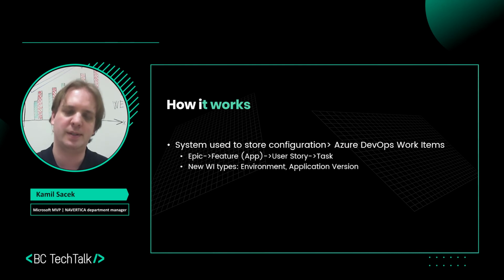Or it could be a set of our products which are placed on AppSource, and we are developing them for AppSource. Feature we are using for describing these apps. It means one feature means one app which we are developing, if it is a per-tenant app or an AppSource app, doesn't matter. For each repository, for each app, we are creating a work item of type feature, which is describing that app.